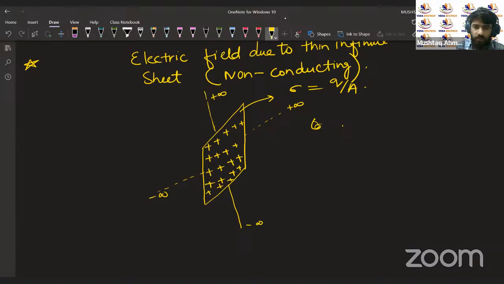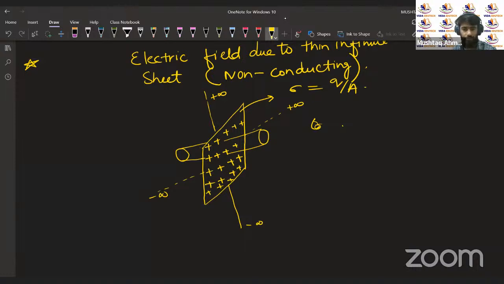So let's suppose this is the cylinder through this infinite sheet.